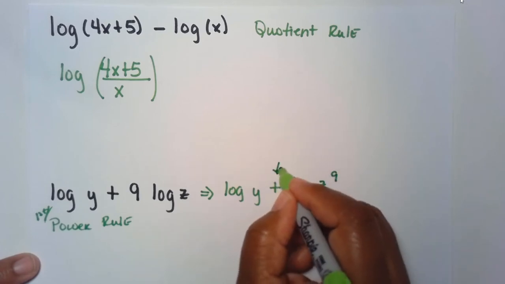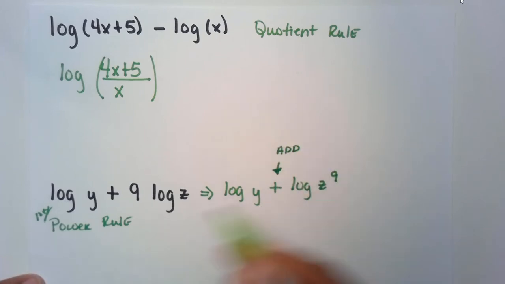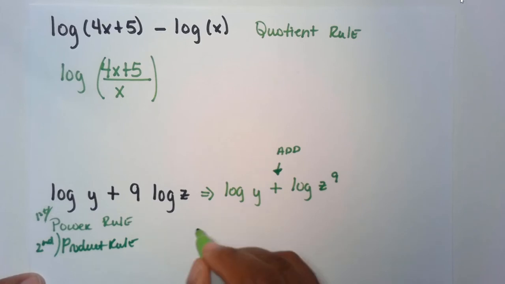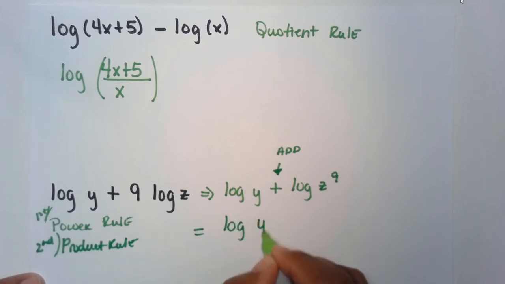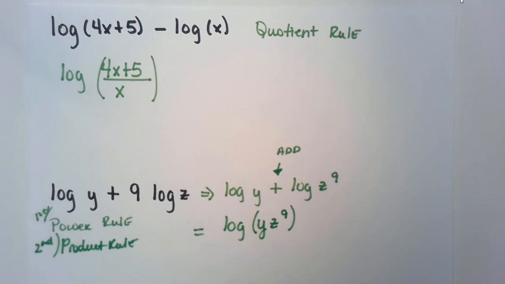And because this is a plus sign, this is addition, we're going to use the product rule. So we will write this as log of y times z to the ninth power. There we go.